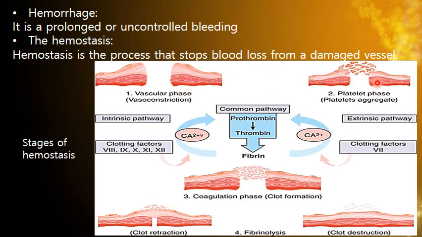After that, the second phase will start, which is the platelet phase. This phase will be triggered by the exposed collagen from the wound, which will lead to platelet adhesion to the injury site. These platelets will release factors that cause more platelet aggregation to the area, causing platelet plug formation.